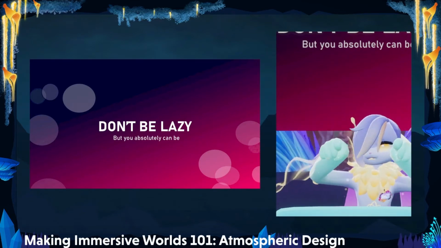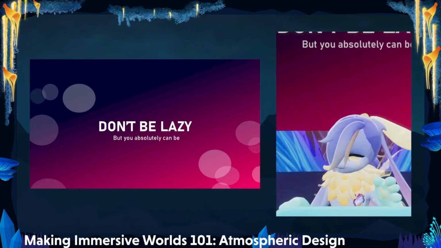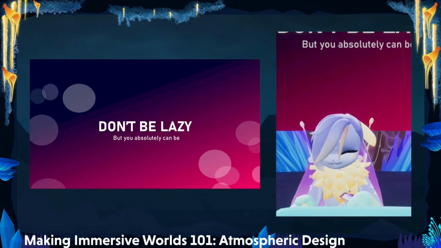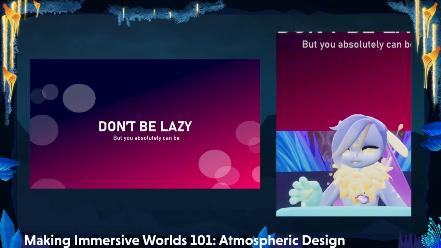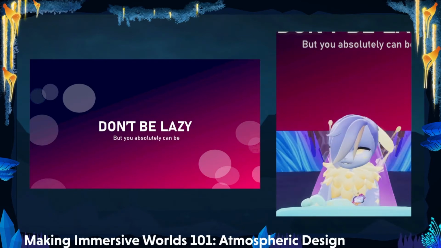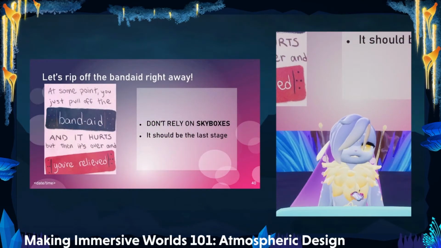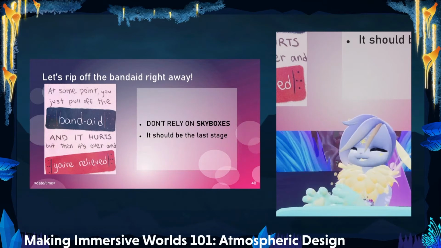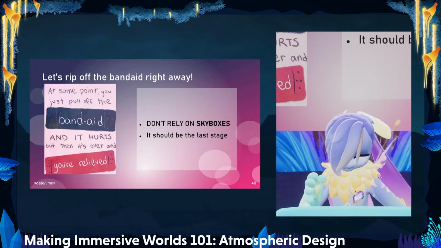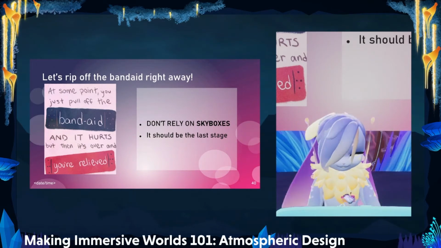I'm going to tell you guys how we do backgrounds. And it's very funny, actually, how a lot of these are hacks that just play with people's minds. Okay? Let's rip off the band-aid. Please don't rely on skyboxes. Unless that's your intention, please do not rely on skyboxes.